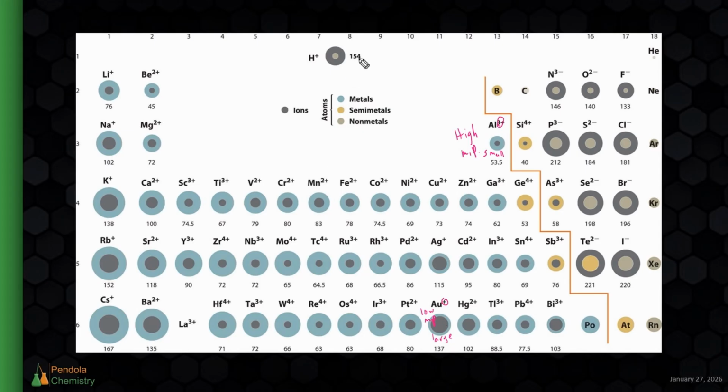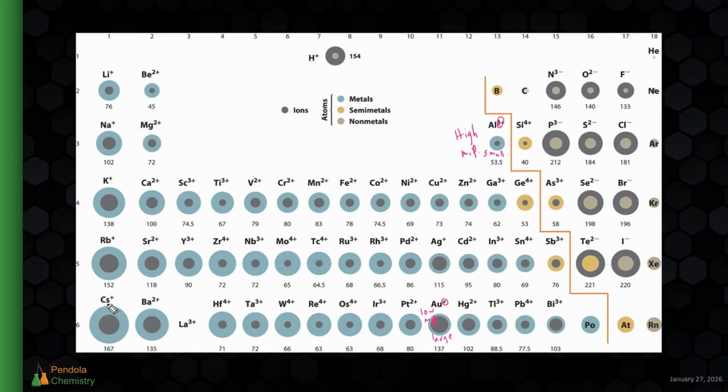So in general, ions that are higher up and to the right, which are smaller and usually more highly charged, are going to have much higher melting points than ions of metals that are bottom and to the left, which are very large and have a very small charge.